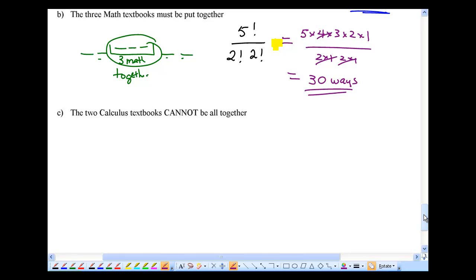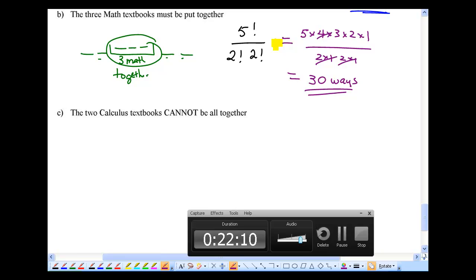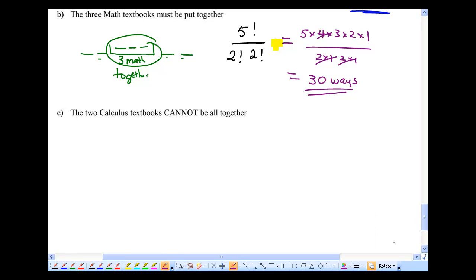The 2 calculus textbooks cannot be all together. That means I have to separate them, right? Think about this one. So, the 2 calculus textbooks cannot be together.